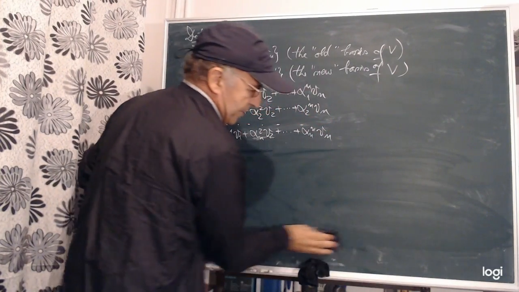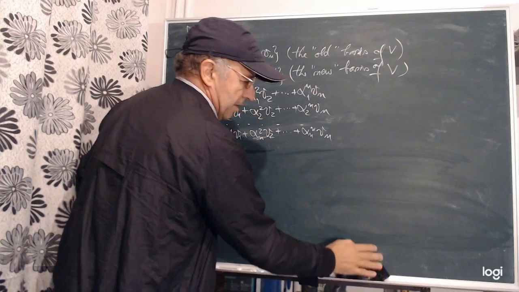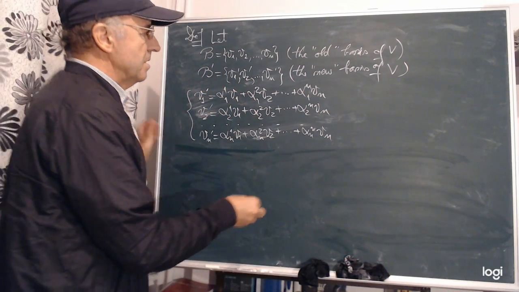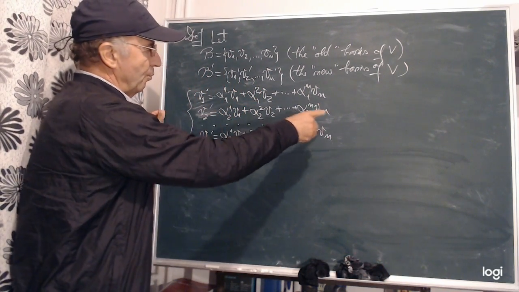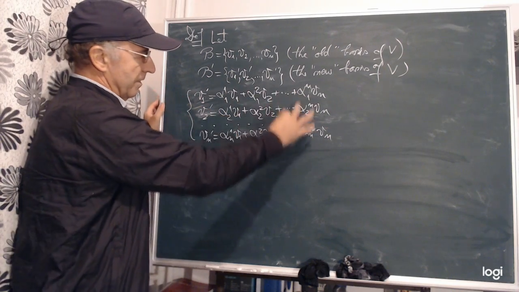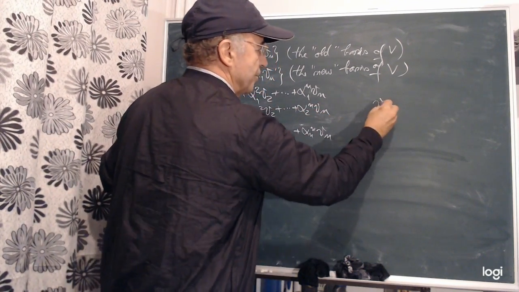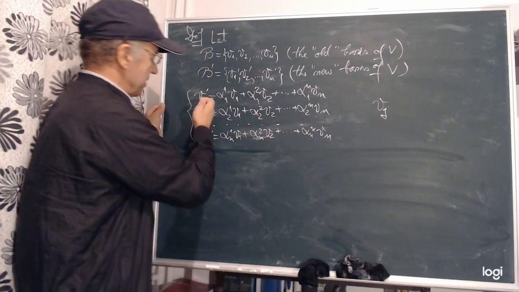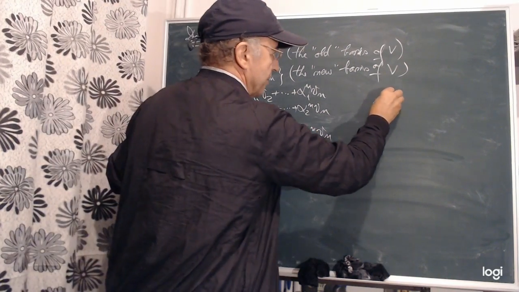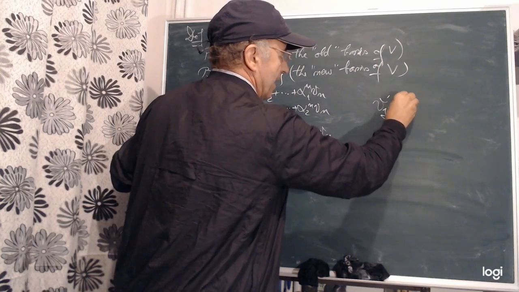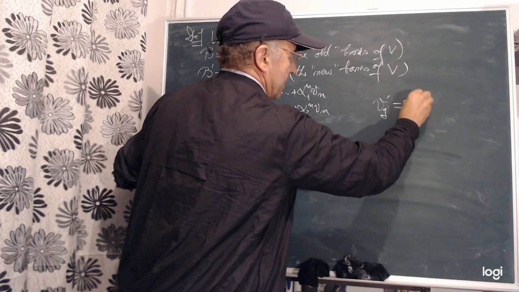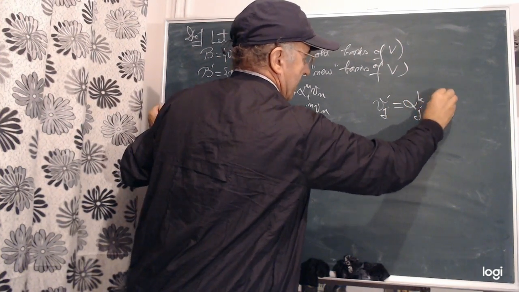If we use this convention, we can write all this relation in the following way: vj prime, where j is arbitrary from 1 to n, equals alpha jk vk.